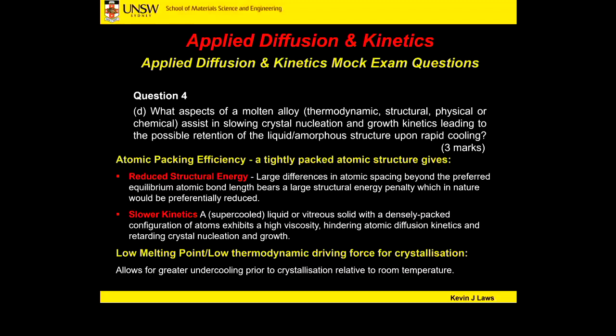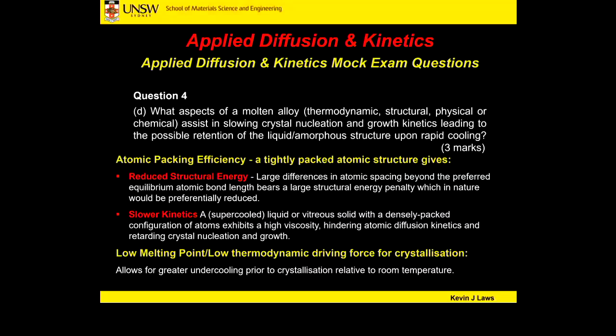Okay, and if we have the structural energy of the liquid state very close to the structural energy of the solid state, then think about our classic nucleation theory. The size of that delta G, the difference between the solid and liquid lines, is very, very small. Thus, we can undercool a long, long way without increasing the driving force for nucleation and growth too much.